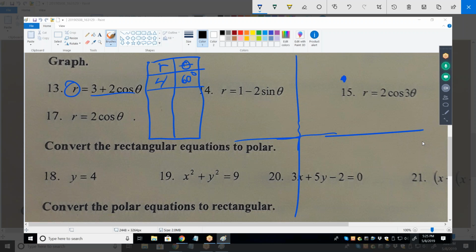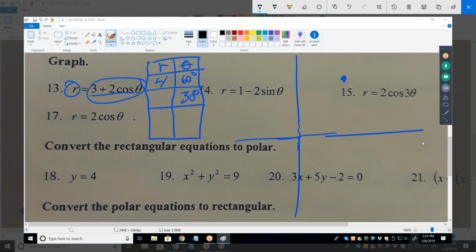And to get another point, let's put in another angle. Let's try 30 degrees. What's r when theta is 30 degrees? Plug it into that.